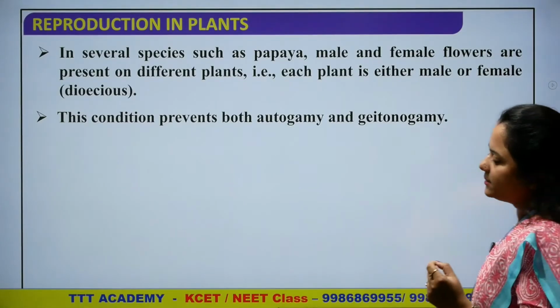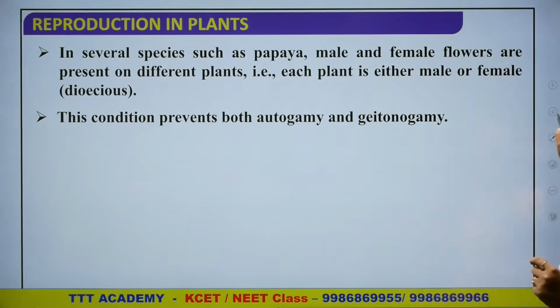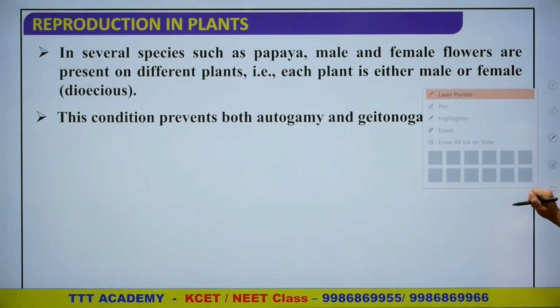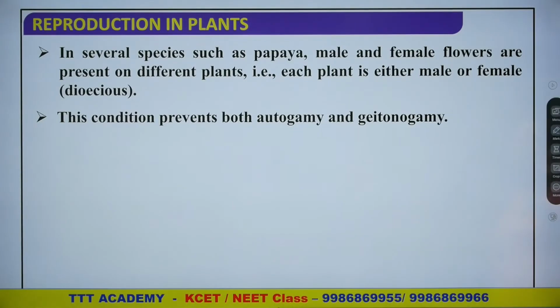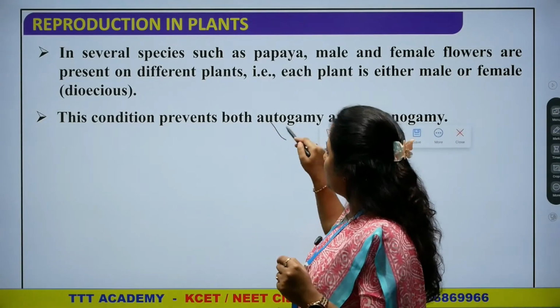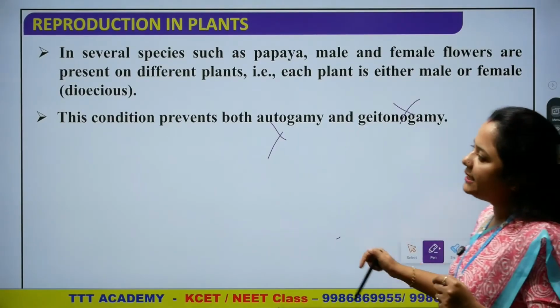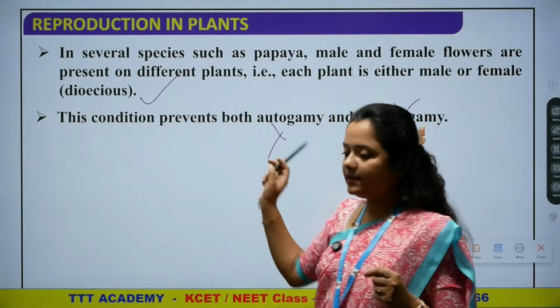So what happens in this condition, both autogamy as well as geitonogamy are prevented. It is not allowing both types of pollination. So we can assume that neither autogamy nor geitonogamy is possible in the dioecious condition, when the two are on separate plants.